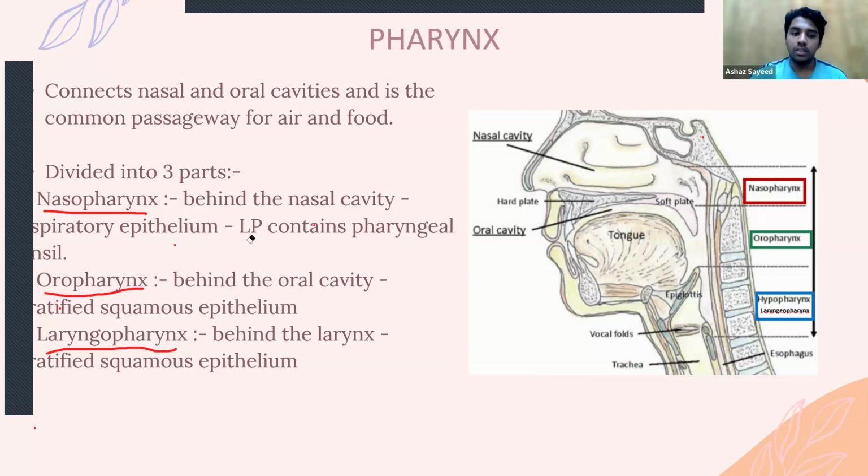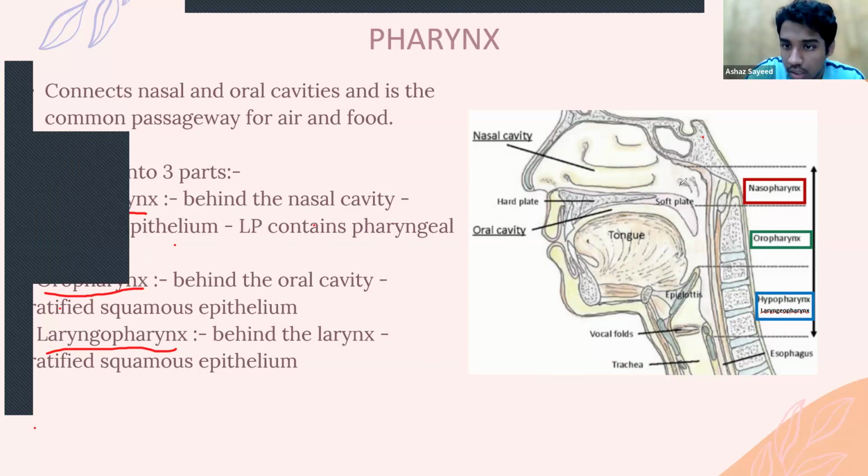Also, the lamina propria of the nasopharynx, just the upper part, has something called the pharyngeal tonsil. This is the nasopharynx, and it has the pharyngeal tonsil right here.